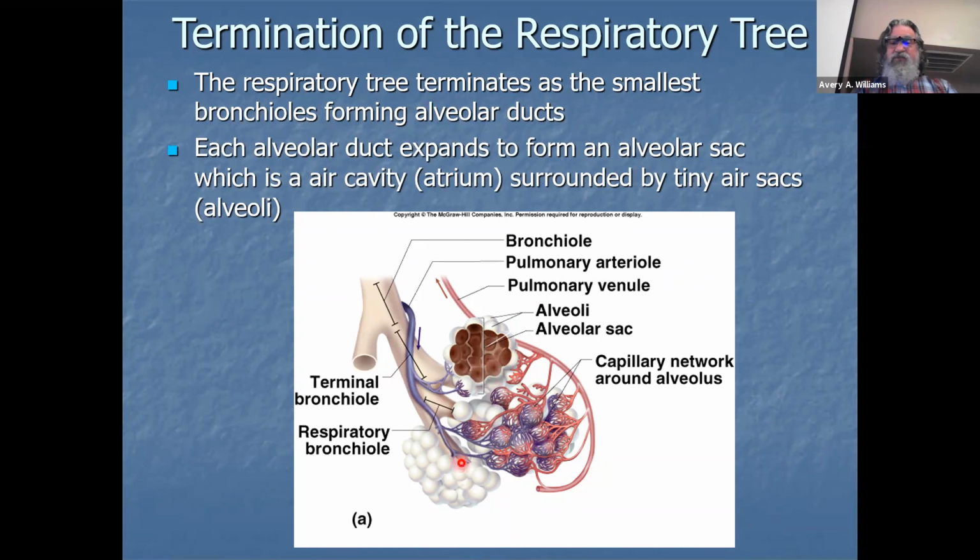You see 1, 2, 3 sacs here, which are hollow. The air cavity in each of these hollow sacs is often referred to as an atrium, and it is built of and surrounded by these individual tiny air sacs, the alveoli. So the alveolar sacs are made out of alveoli. And that's where it all comes to an end.